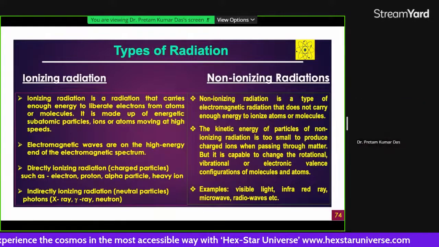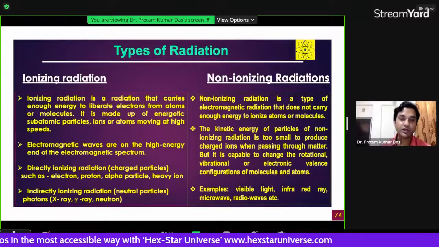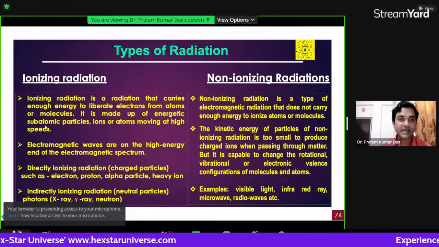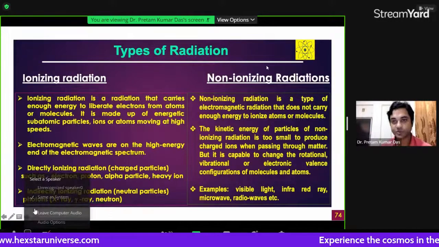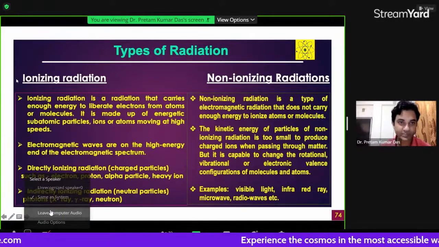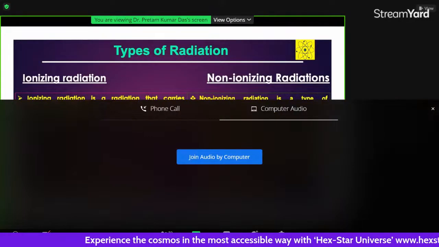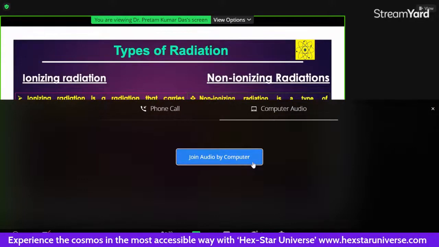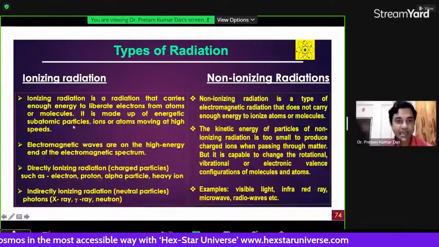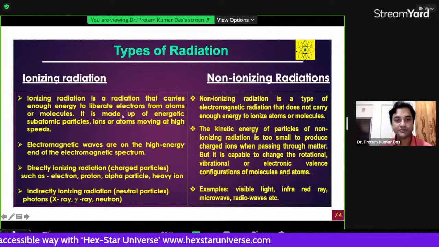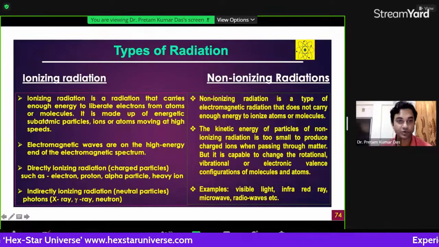Now the impact on matter: how it will impact when it interacts with matter. There is ionizing radiation and non-ionizing radiation. We have to care about this one. Ionizing radiation carries enough energy to liberate an electron from an atom or molecule.